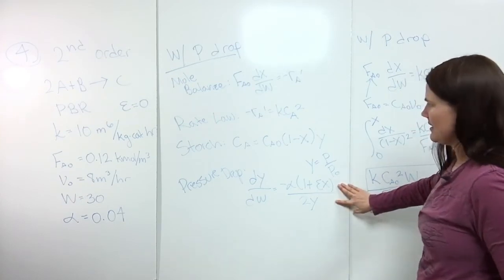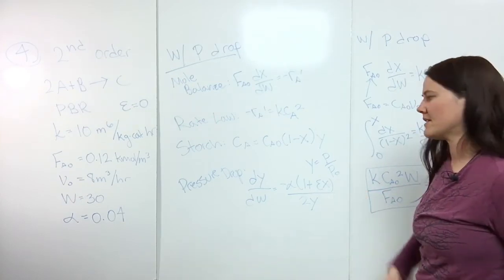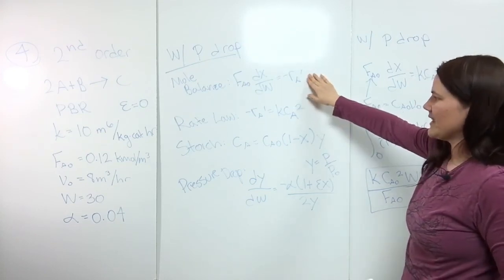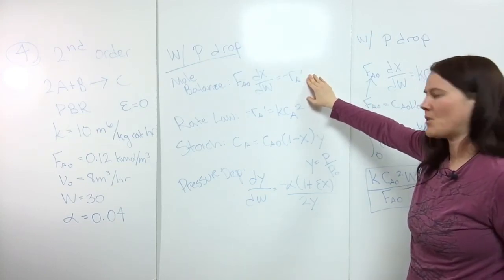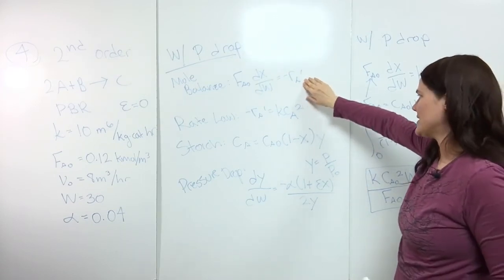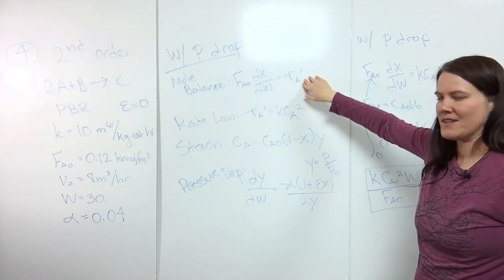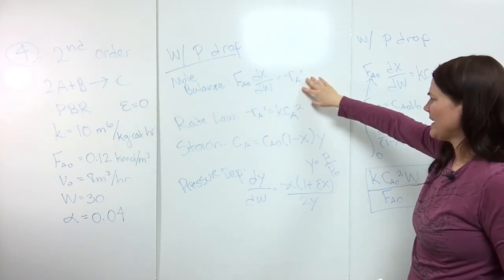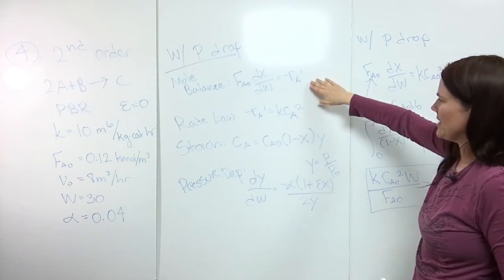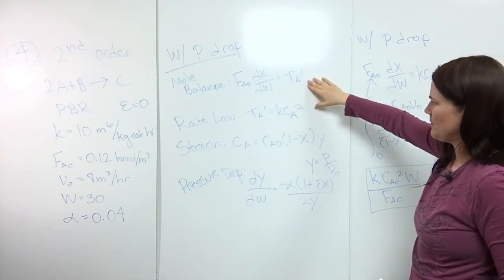Normally you would just jump to an ODE solver at this point. Oh, and the other thing is, when you're doing a pressure drop problem, you have to write your mole balance in differential form. So make sure you use this form of the equation and not the integral form.